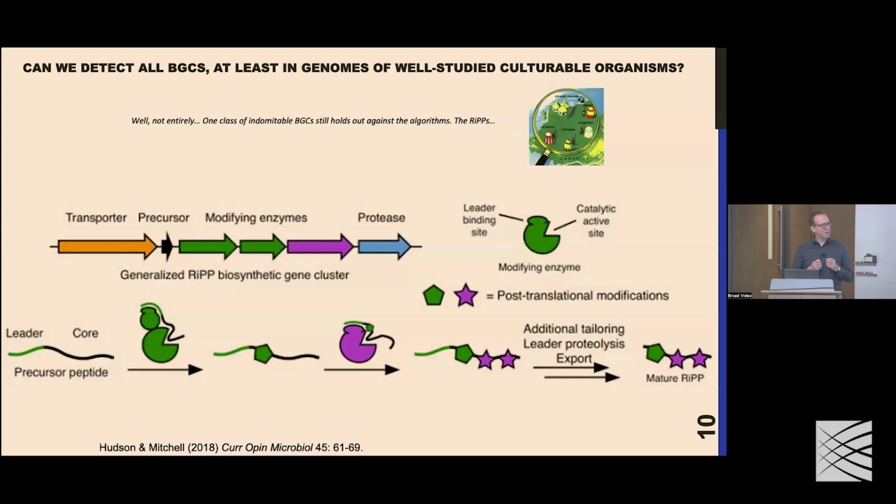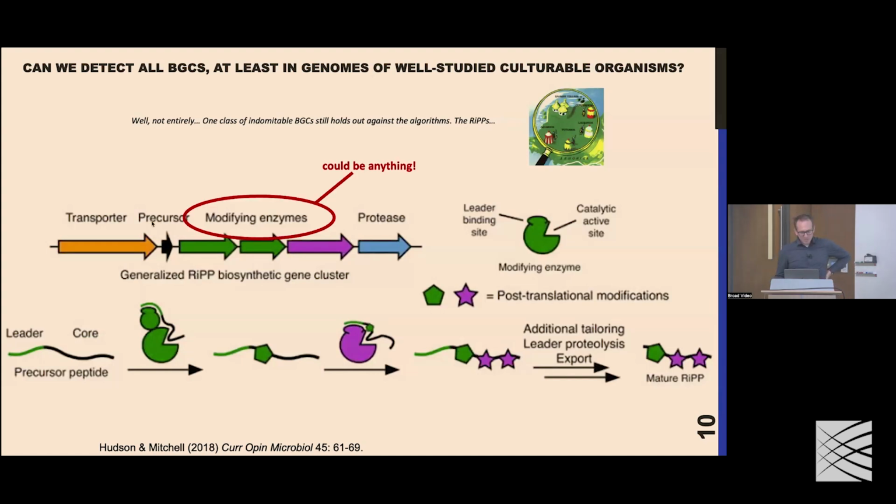Within specific classes of these RiPPs, you find the same modifying enzymes, but it's becoming clear that there are many dozens or maybe hundreds of these classes out there that all use different modifying enzymes. So there is very little in common in terms of protein domains between the full breadth of these types of gene clusters, and that makes them more challenging to detect.